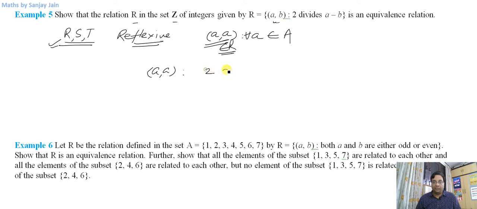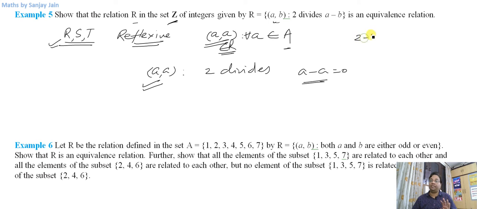I can say 2 divides a minus a, which is 0, right? So that means (a, a) is present for all a belonging to the set A, that is the set of integers. We are talking about integers: if an integer is subtracted from itself, it will give you 0, and 0 is definitely divisible by 2.